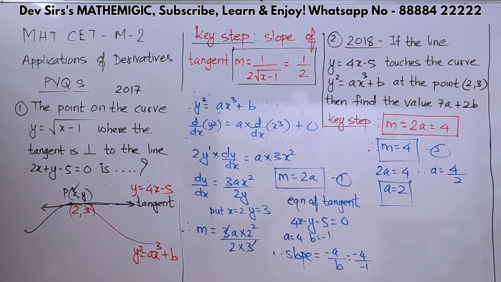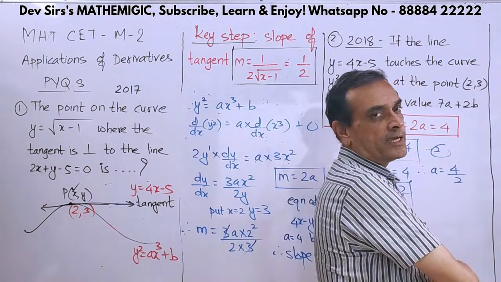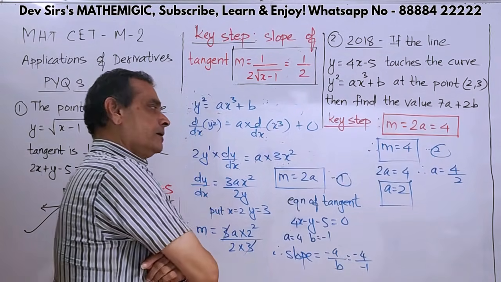Now you have to find out the value of b, because what has been asked in the question? Find the value of 7a plus 2b. Right? Okay.